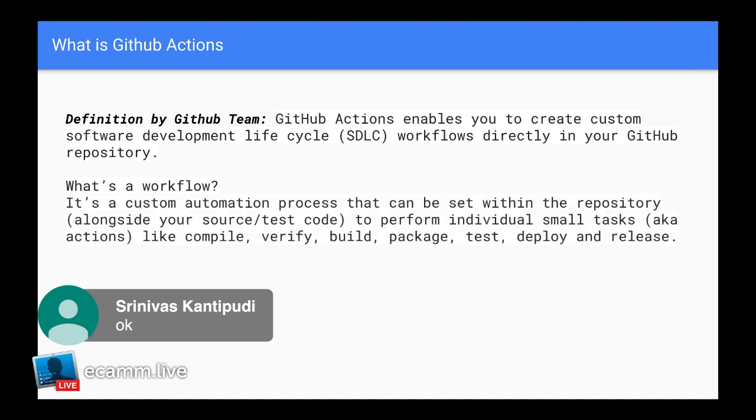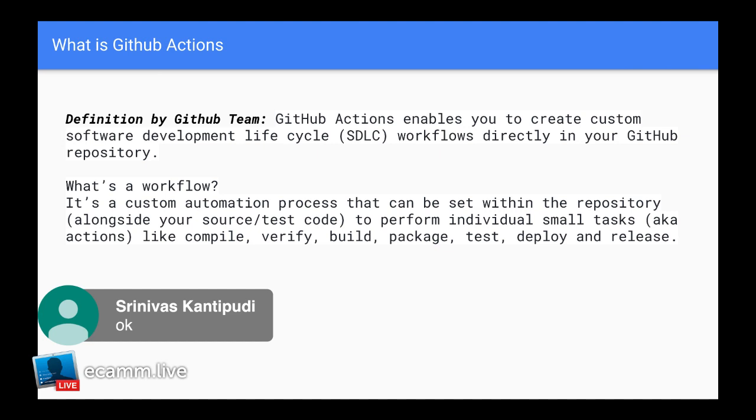A typical workflow is nothing but a sequence of steps, right? You take a bank transaction as a workflow, or you create an insurance end to end as a workflow. Typically, a workflow is nothing but a sequence of steps, and in this context, it's a custom automation process that can be set straight in the repository itself.